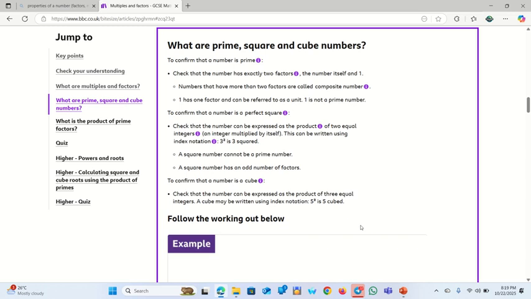Okay, so what you're trying to say right now, to confirm that the number is a perfect square, check that the number can be expressed as the product of two equal integers. And that means an integer multiplied by itself. And of course, it can be written using index notation.